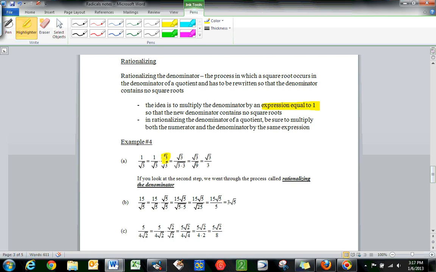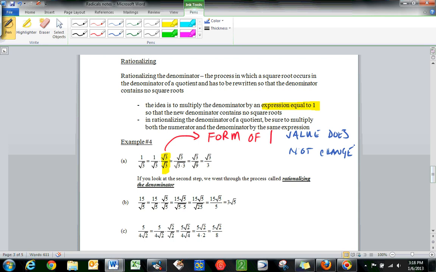But because we're multiplying the bottom by the square root of 3, we also have to multiply the top by the square root of 3, and this gives us a fraction that is a form of the number 1. So what's happened here is the value does not change. This is important.